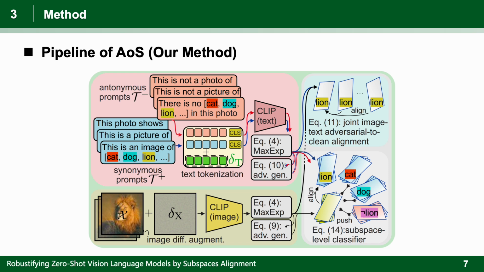A subspace-level classifier aligns each image subspace from clean to intermediate to final towards the target class subspace and away from non-targets. And we jointly shape images and prompts so the image subspace lands where the correct text subspace lives, thus improving robustness alignment.